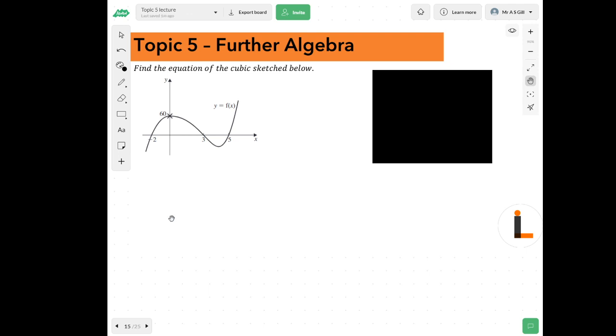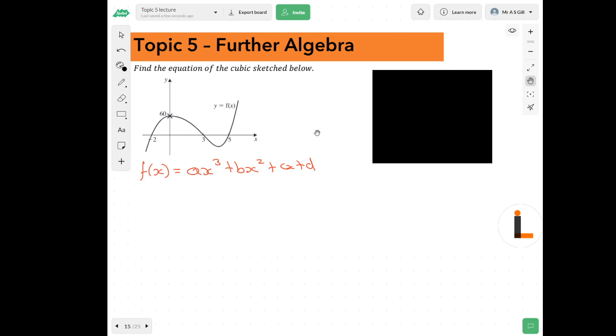So the question tells us here that it is a cubic. So we can say straight away that f of x is going to be equal to ax cubed plus bx squared plus cx plus d. And actually we've already got our three solutions here, right?